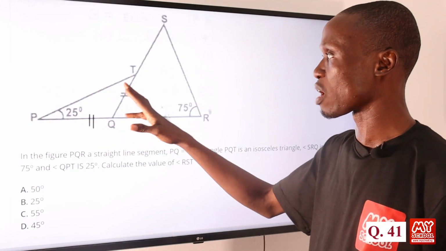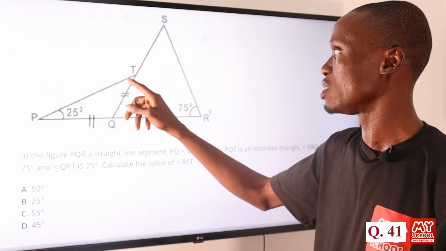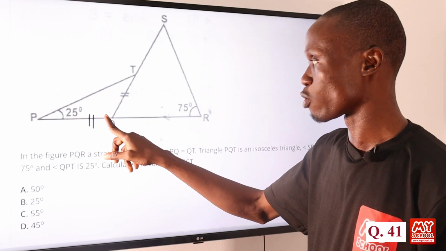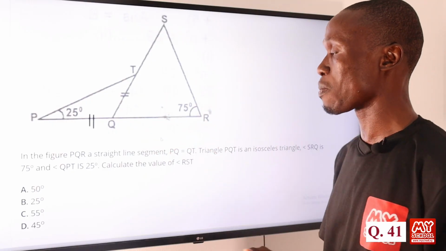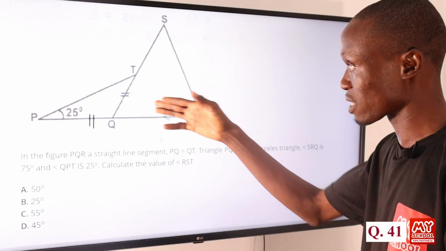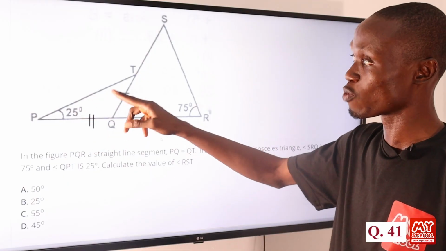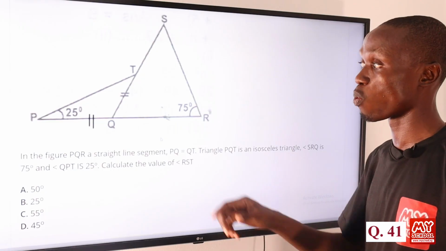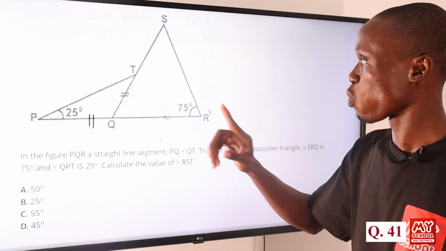And remember that the base angles of an isosceles triangle are equal. So if here is 25, that means here is also 25. So we can actually calculate the third angle of the isosceles triangle. Remember that the sum of angles in a triangle is equal to 180. So in order to get this angle, we subtract 50, which is 25 plus 25, from 180, and that will be equal to 130. So that means angle Q here is equal to 130.